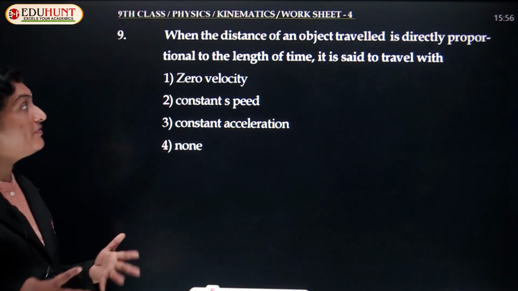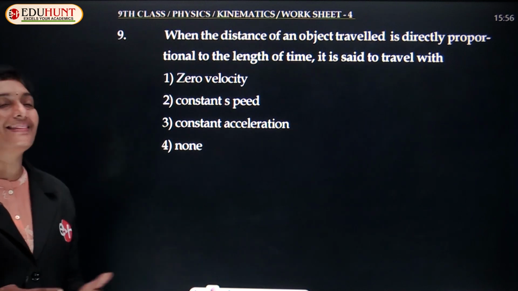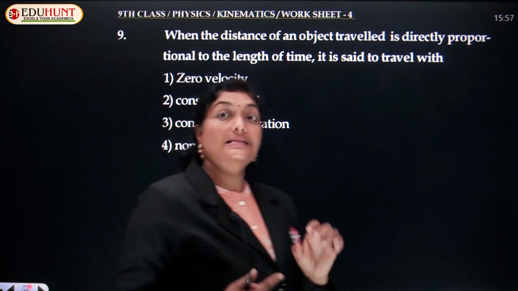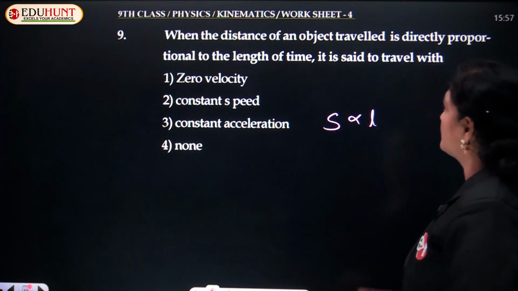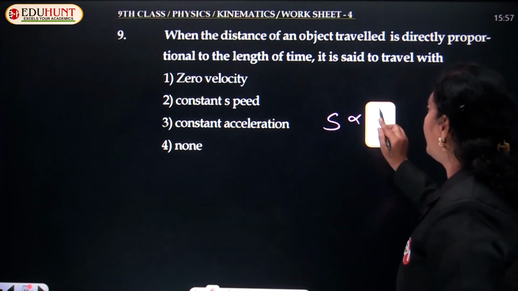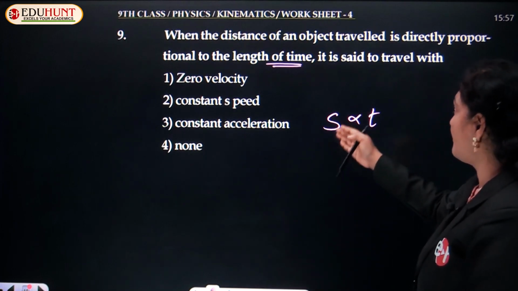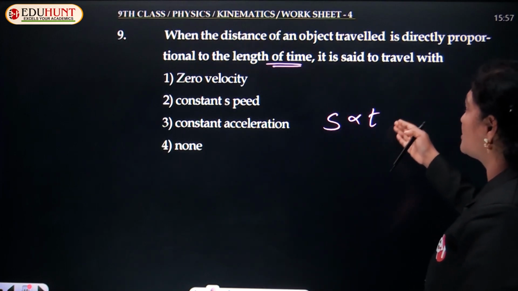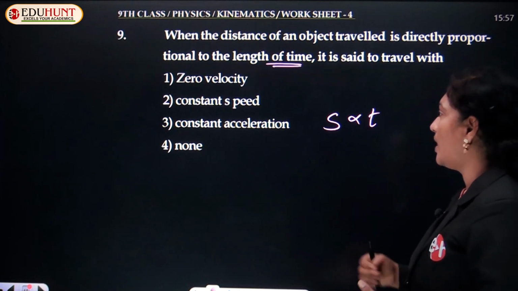When the distance of an object traveled is directly proportional to the length of the time. What is given? Distance traveled by an object is directly proportional to the length of time.